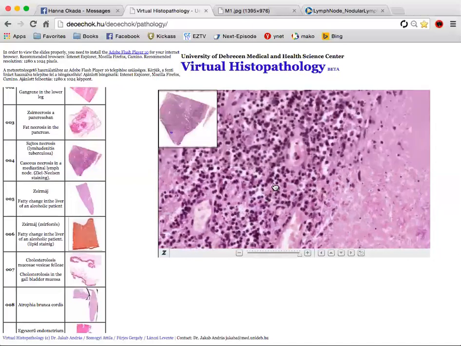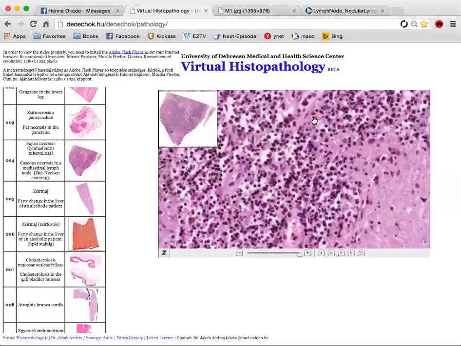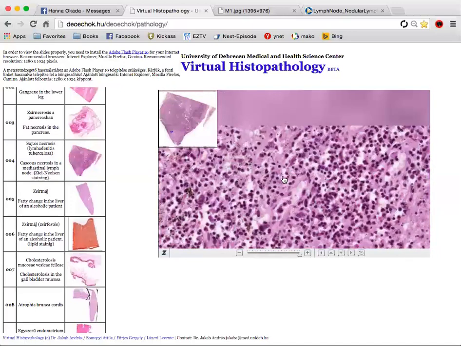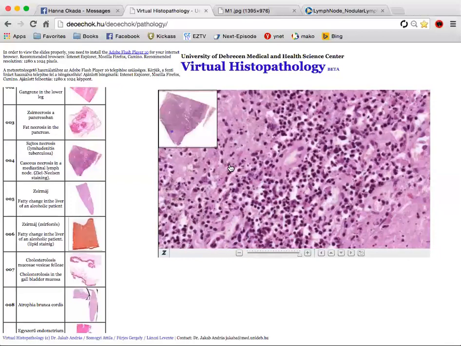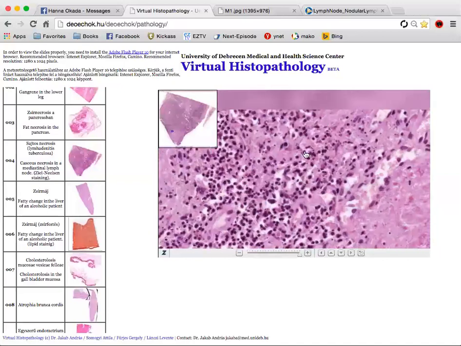These are lymphocytes, mainly T cells and macrophages, a lot of macrophages. Here again, because the staining is more specific for the bacteria, you can't really see, but there would be epithelioid cells here, like in the granuloma.